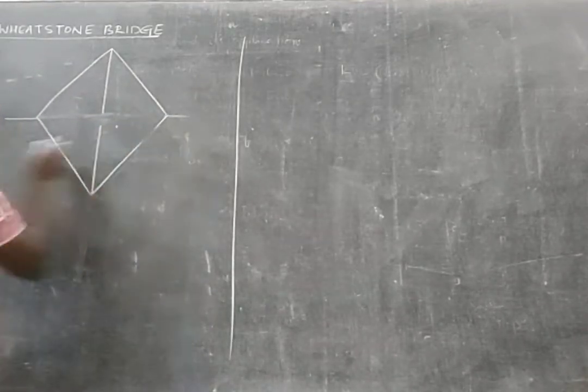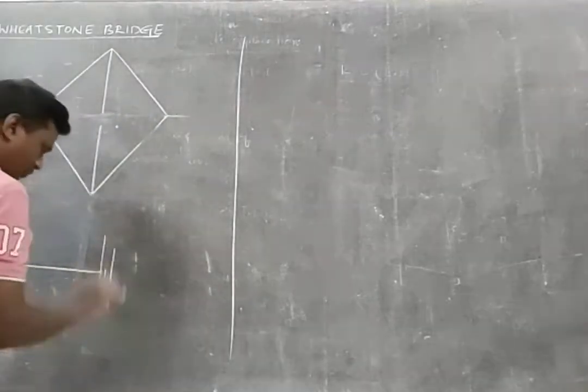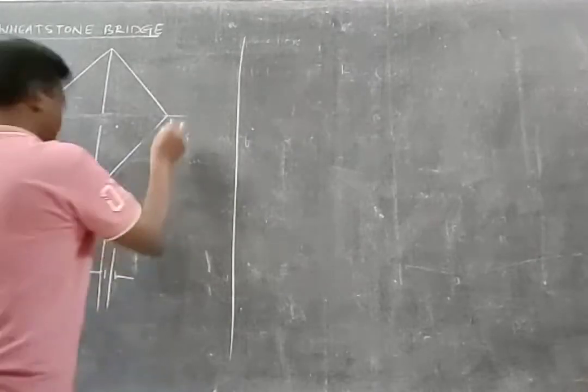This is how the Wheatstone bridge is connected to a potential difference, right?